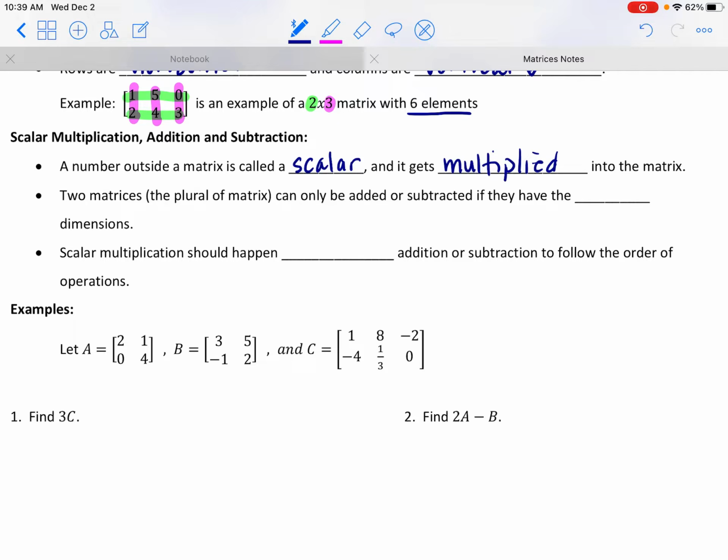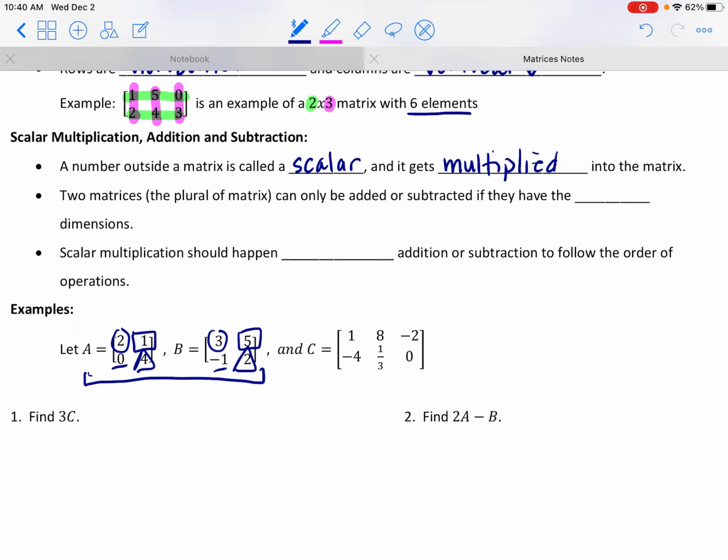into the matrix. And if you're trying to add or subtract, you're only going to be able to add or subtract matrices that have the same dimensions. Because when you're adding or subtracting, you're going to be combining the elements that are in corresponding positions. So for instance, I could add A with B because they are both 2 by 2 matrices, and when I add them, I would be combining these elements and then the 1 and the 5, and then the 2 with the 4, and the 0 with the -1.